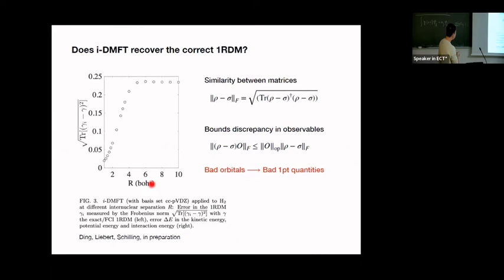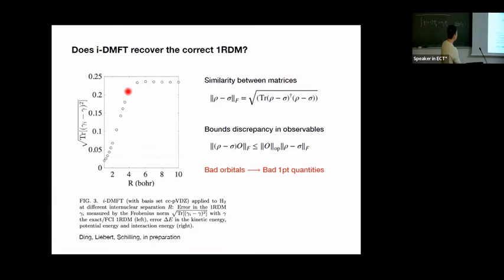So in this plot here, we plot the distance, a distance function I will explain later, between gamma I, the 1 RDM obtained from IMFT, and the exact gamma from the full CI solution. So you can see that at the beginning, the error is okay. Maybe it's within chemical accuracy, but when you go further to dissociation, this is not a negligible error in your 1-RDM.